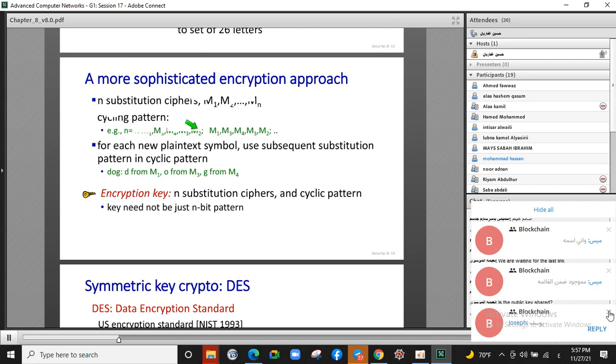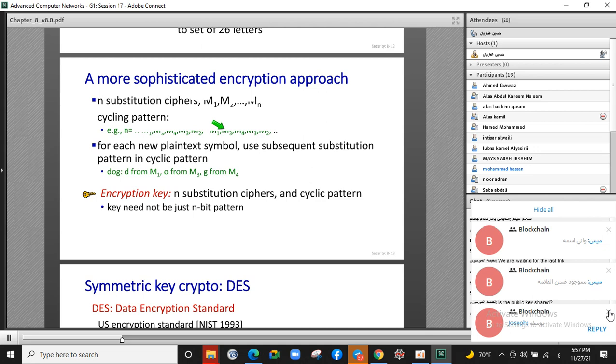One by one, character by character, I'm using different strategies. When we say this pattern is cycling, it means I continue M1, M3, M4, M3, M2, and again M1, M3, M4, M3, M2. We repeat this strategy, so we call it a cycling pattern.